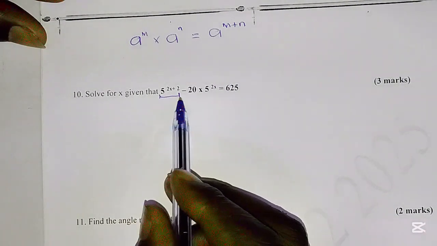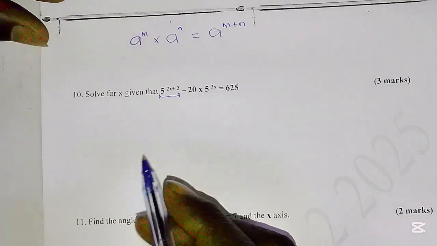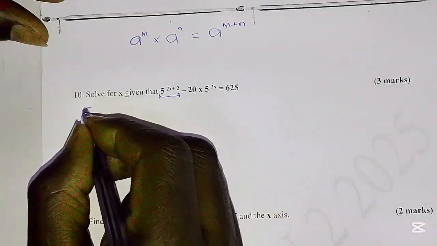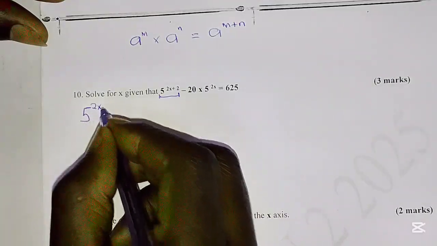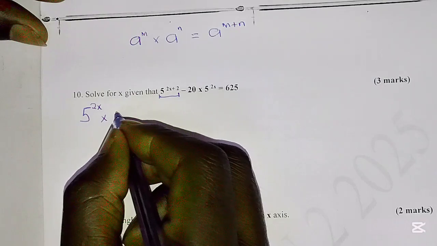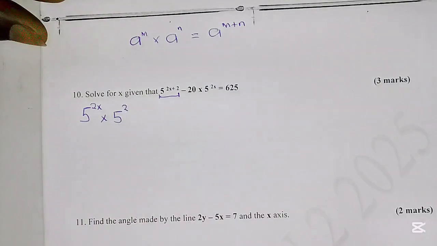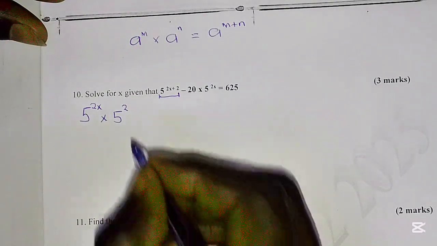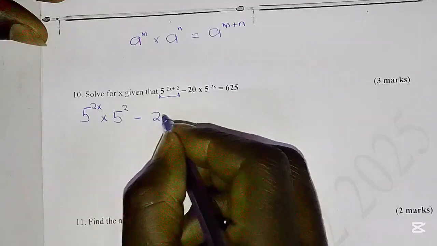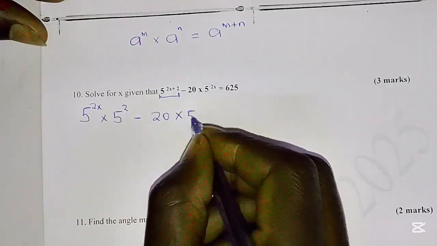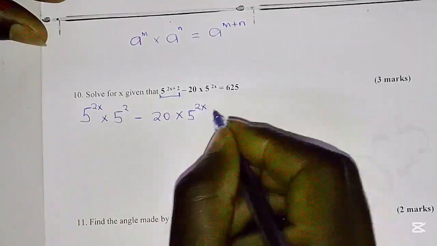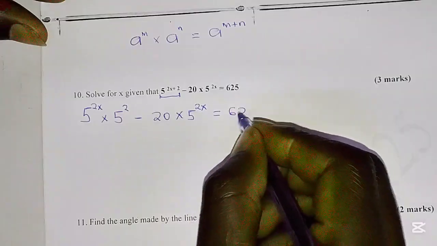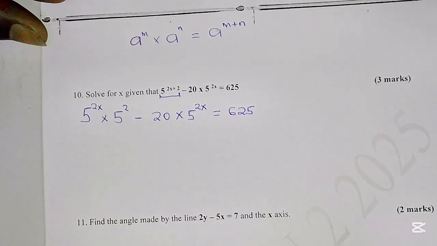So what was this before? It means it was 5 to the power of 2x multiplied by 5 to the power of 2, then subtract 20 multiplied by 5 to the power of 2x, and this one equals 625. So 5 to the power of 2 is the same as 25.